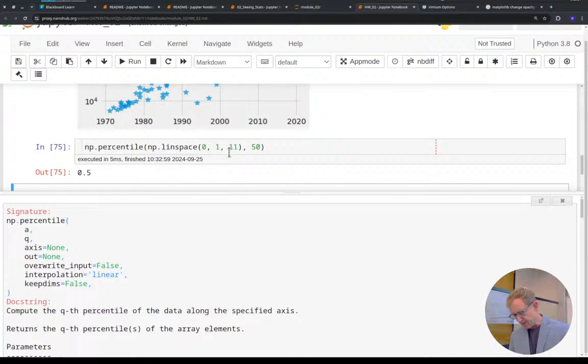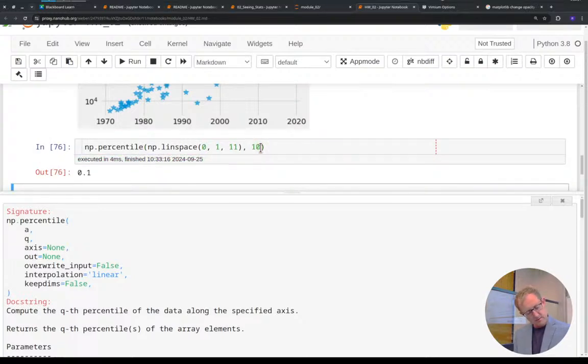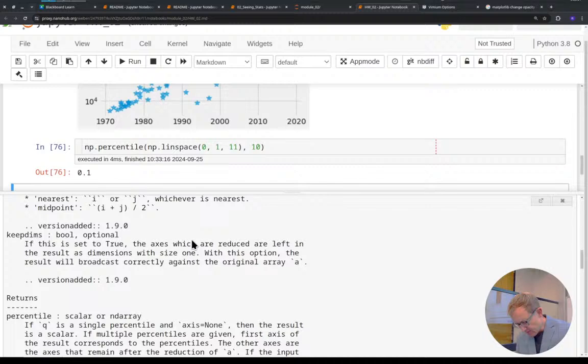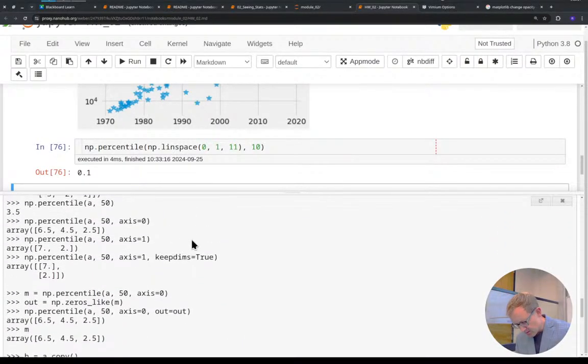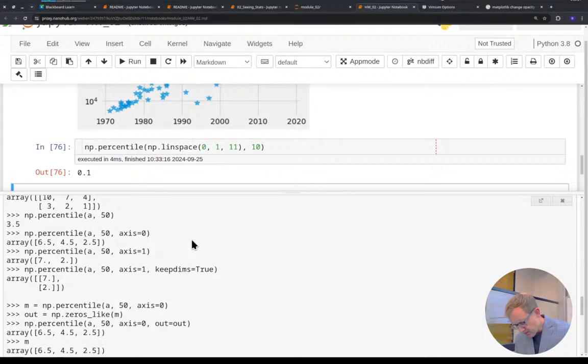Like the 50th percentile of 0 to 1. So for uniform 0 to 1, the 50th is 0.5, and the 10th percentile is 0.1. Yeah, so it's only giving you one output. It's taking the nicely generated random numbers and just giving you a single value.